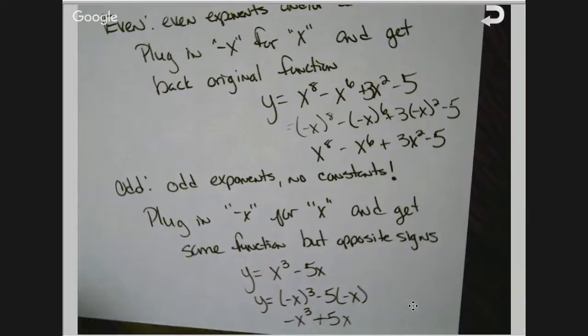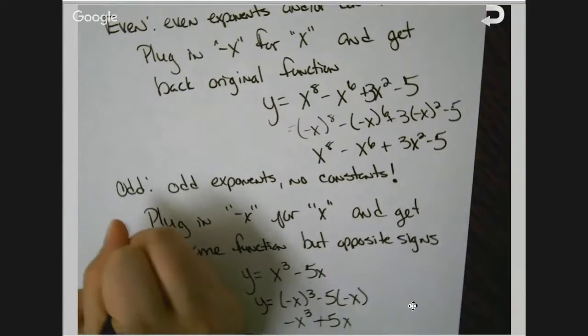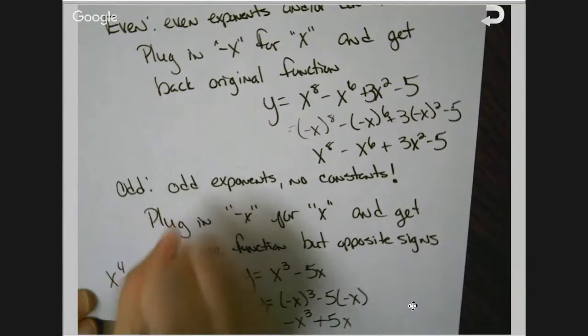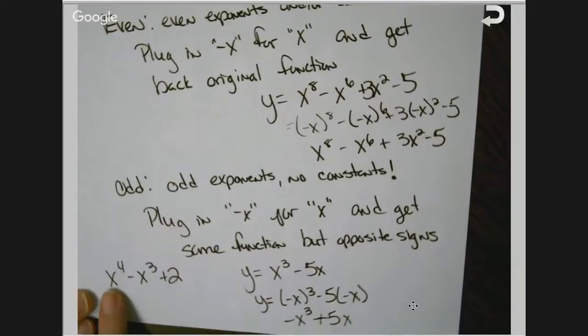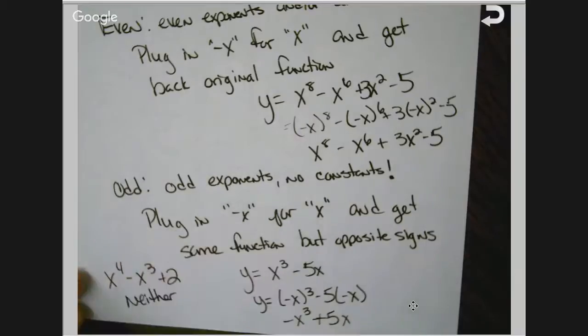So if I had a mixture, like x to the fourth minus x cubed plus 2, that would not change, and that would change, and this would not. Because it's mixed, this would be neither. It would not have any kind of symmetry that we can identify.